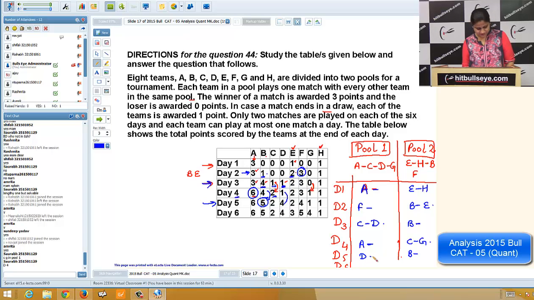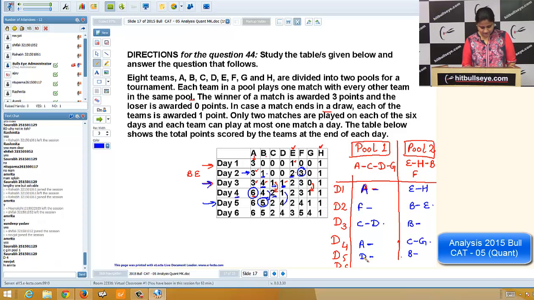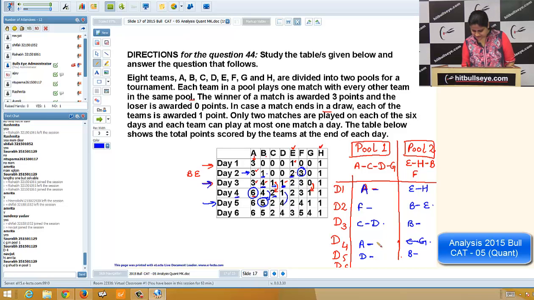It means D is winning that match. Yes, are you getting me? Clear? Day 4 we were talking about. On day 4, A is winning a match and C, G are getting 1 point extra. Sorry, C and G both belong to pool 1.